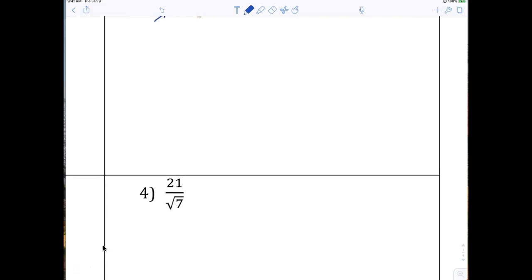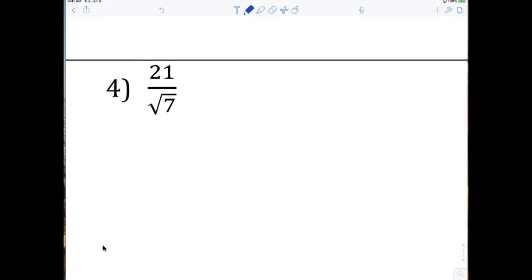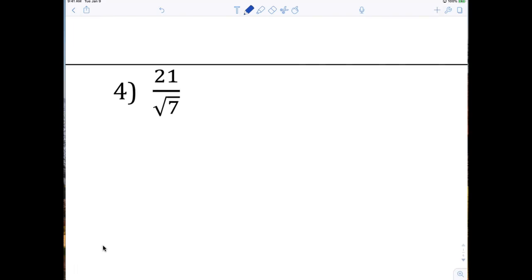So let's see if you're listening. Number 4, what am I going to multiply by? Yep, you're going to multiply the numerator and the denominator by the square root of 7. And when that happens, you end up with what? Beautiful. 21 radical 7 over 7.